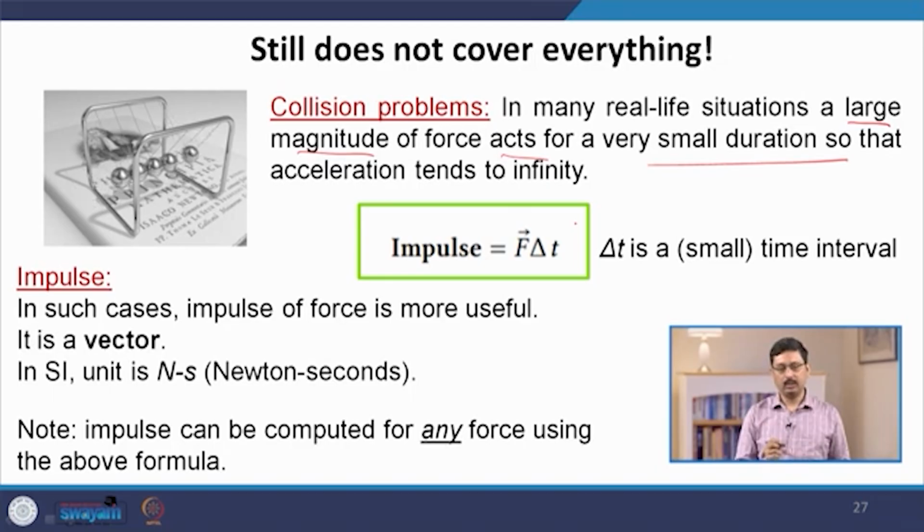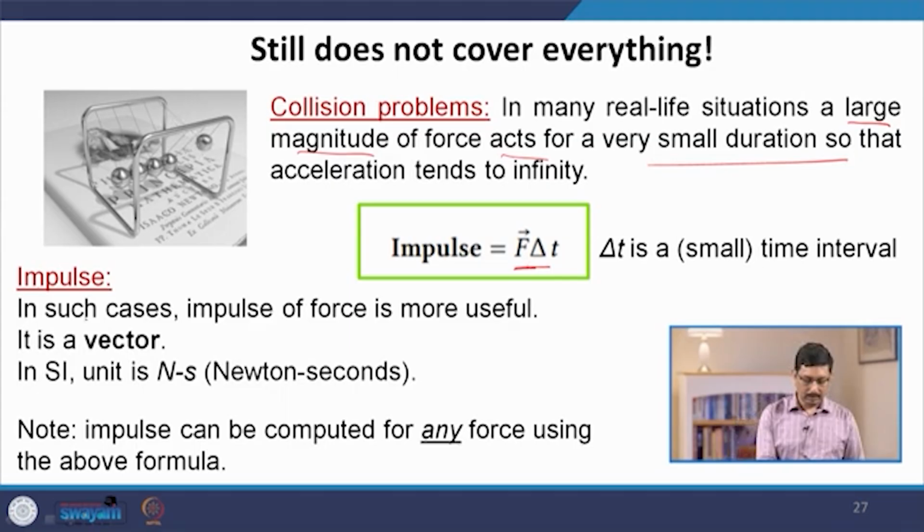If you reduce the time window, the force becomes very large. So, this is a situation where force is not mathematically very convenient to handle. So, we define another quantity called impulse, which is nothing but the force times the duration of the time interval. So, it is simply force times delta t.